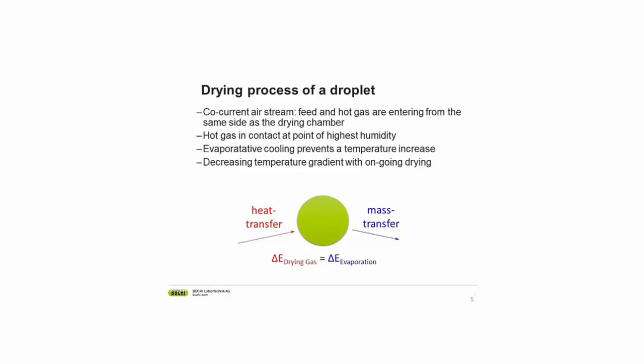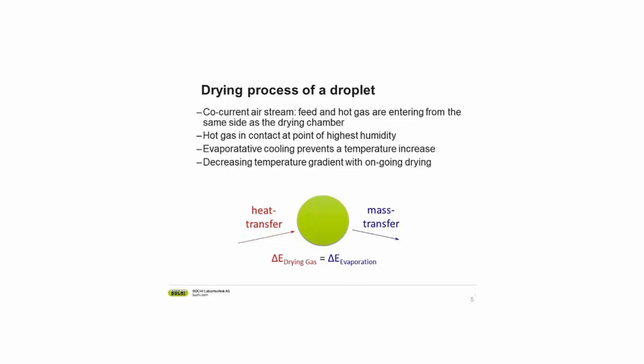Basically, we have a co-current air stream. The feed and the hot gas enter the spray dryer at the same side of the drying chamber, so the hot gas is in contact with the feed at the highest point of humidity of the feed, and the evaporative cooling prevents the temperature from increasing inside your droplets.